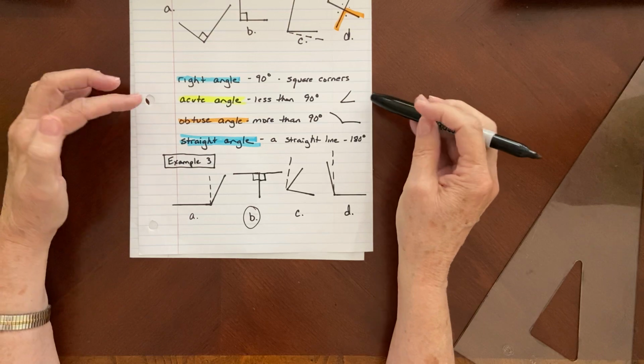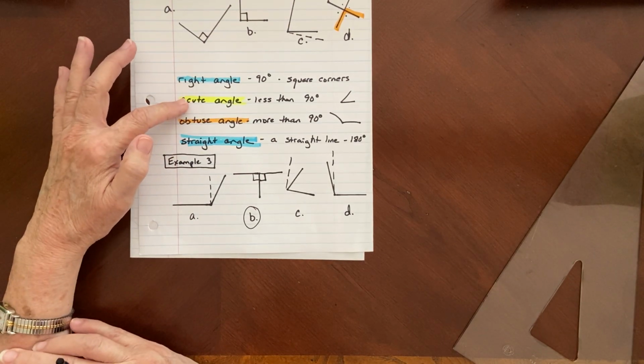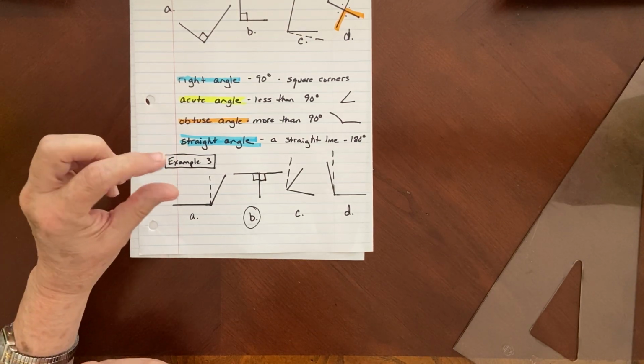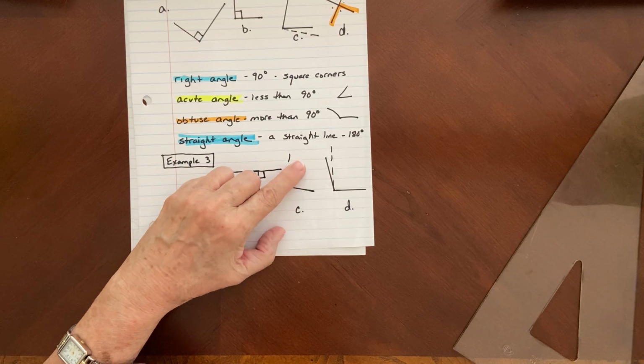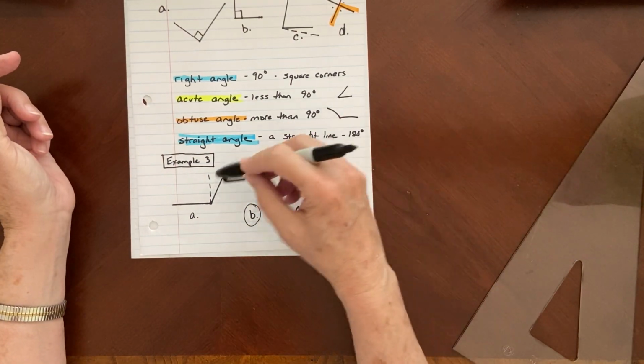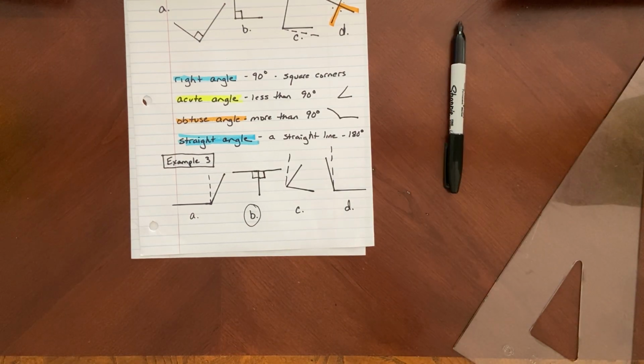So 90 degrees, half of a straight line. Acute is smaller than 90 degrees, or a cute little angle. There's not very much. It's kind of a little pinchy angle. So that one's less, and that one's more. So that one's an obtuse angle. That one's an obtuse angle. Okay, practice this and you'll get it just right.